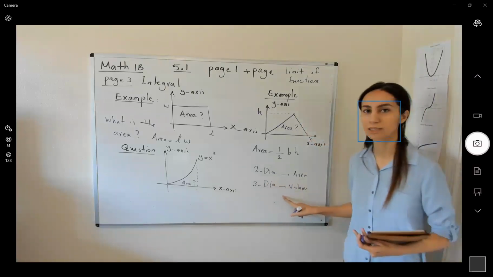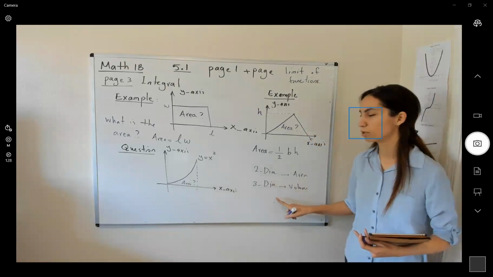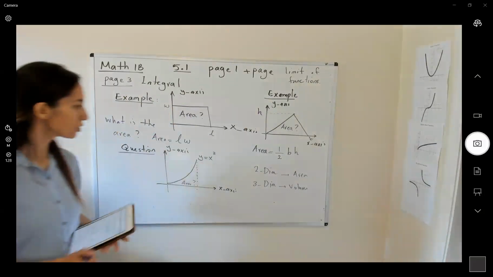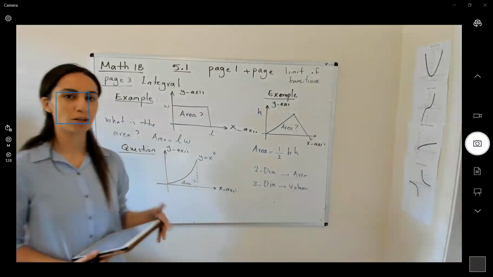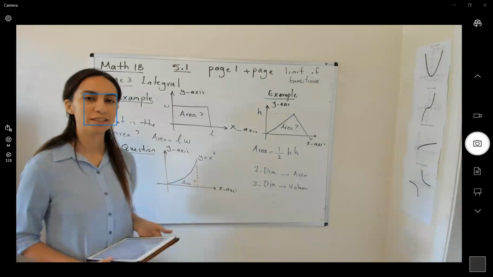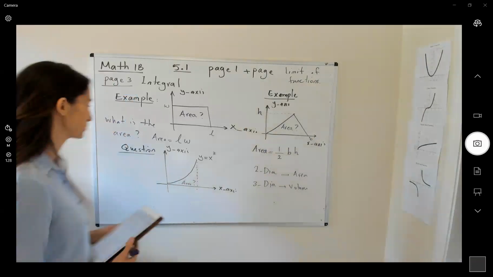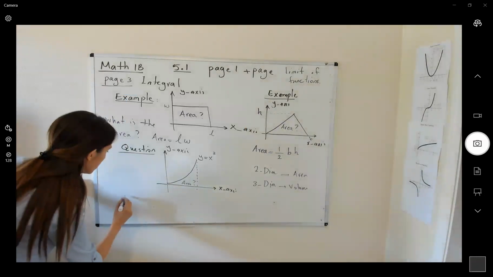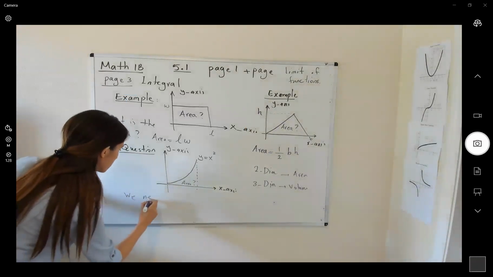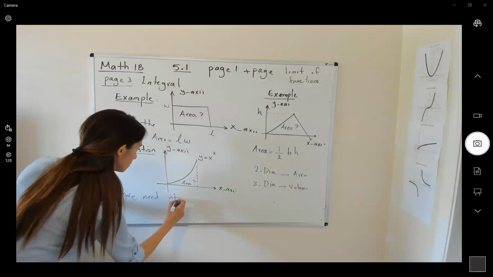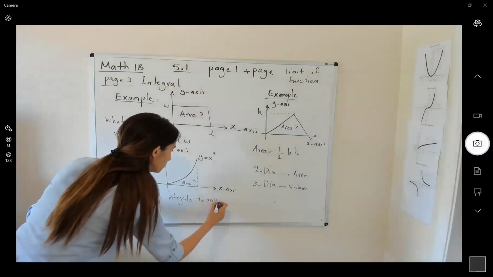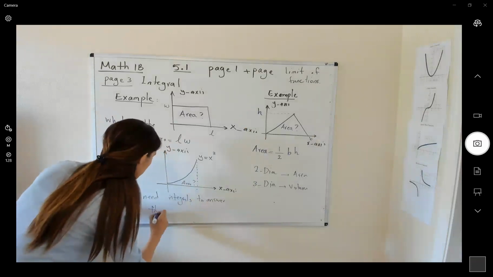This is the topic that you're going to learn in multivariable calculus. To answer these types of questions, we come up with the idea of integrals. We need integrals to answer these questions.